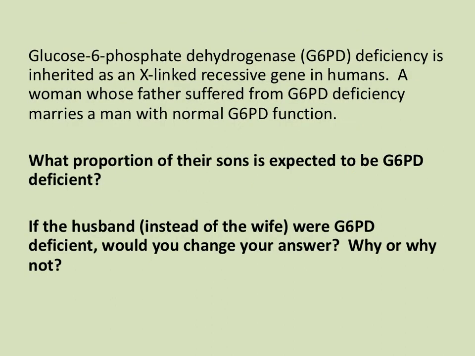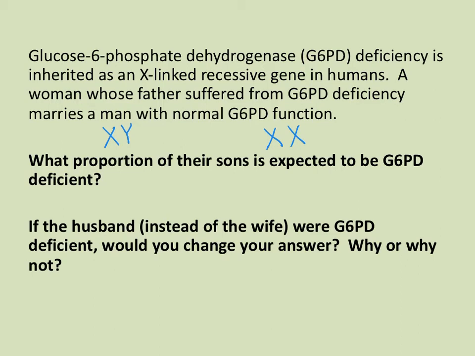The next type of problem I'd like to have you think about has to do with X linkage, and we're going to go into more detail on this during our sex chromosomes lectures. So recall that typically a male individual has XY sex chromosomes and a female individual is XX.